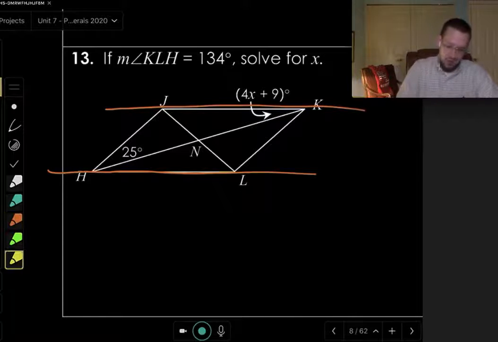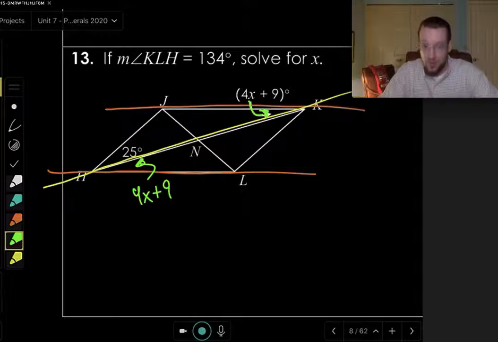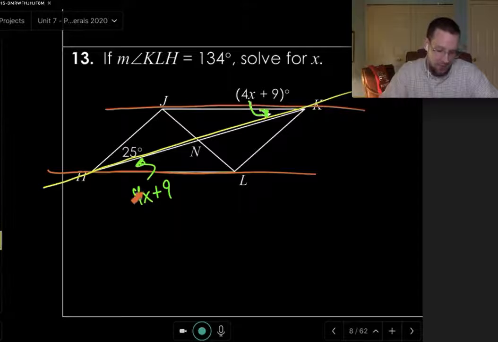With this example, we need to use the transversal. You can see that this one in here is 4x minus 9, so these are alternating interior angles, and these angles are congruent, and thus they have the same measure. This one down here in the corner is about H, and we know that these two are going to add together to equal this whole thing.